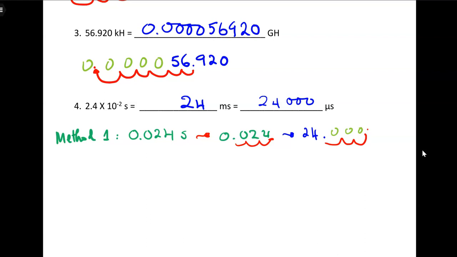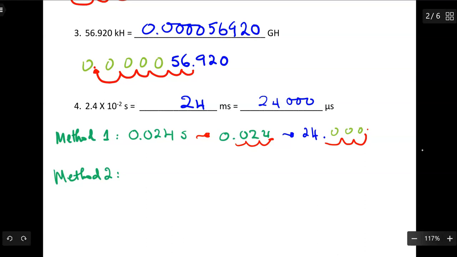I would like to show you another method, and this method is a bit more complicated and involves the addition of exponents. You have to know how to work with exponents, and we did that in our previous lesson already.